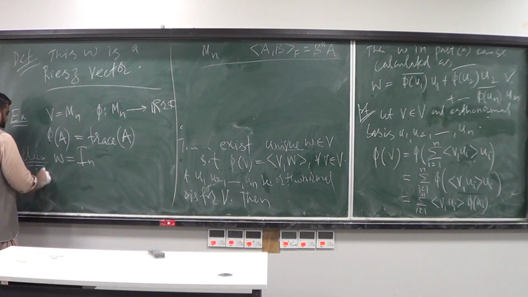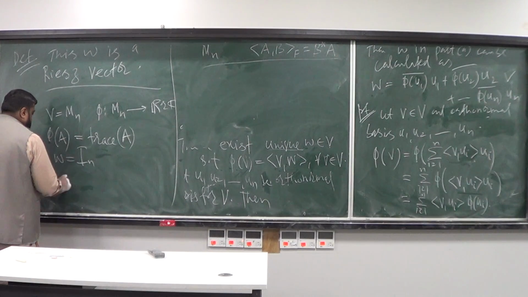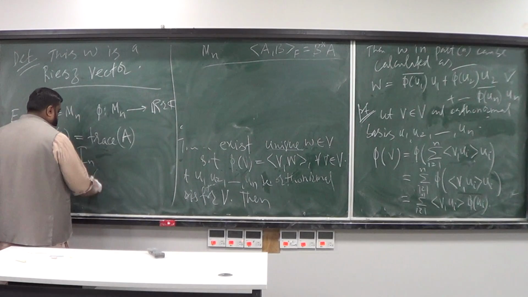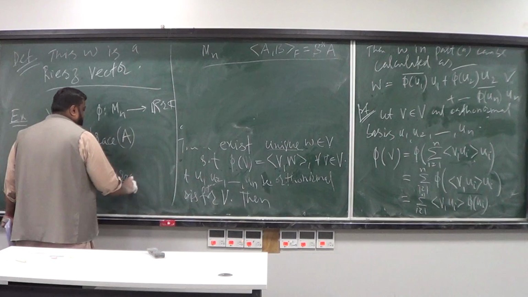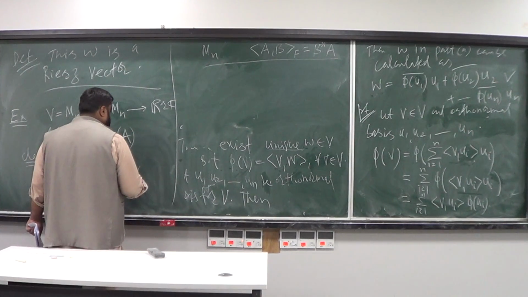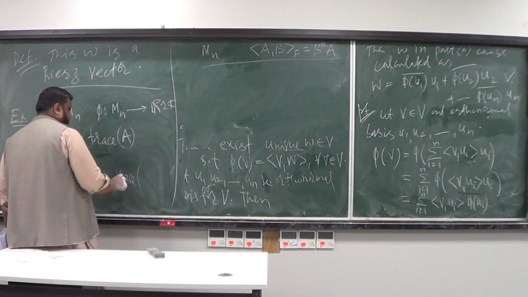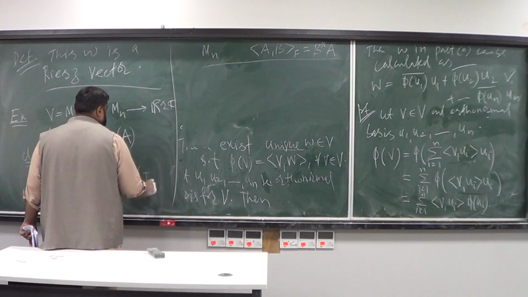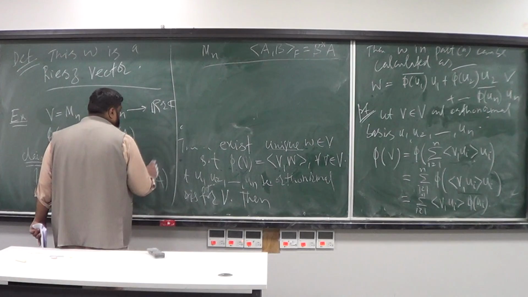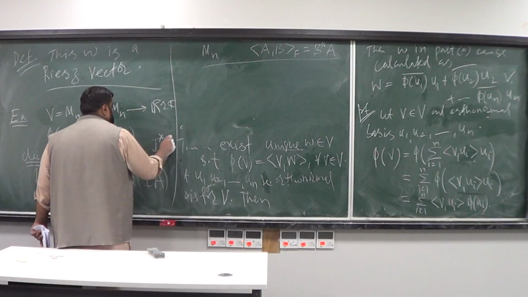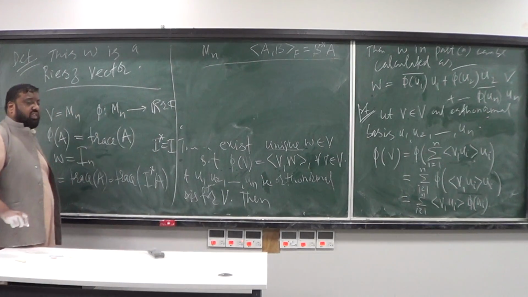Because phi of A is the trace of A, but I can write the trace of A as the trace of I star times A, because I star is I, undoubtedly.